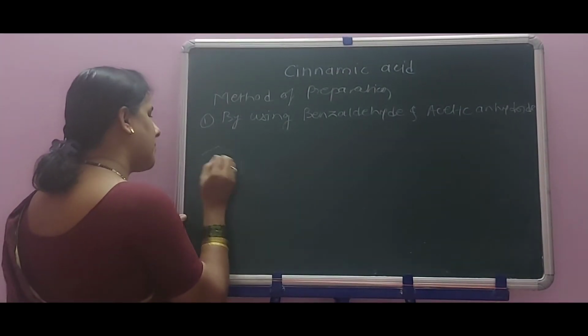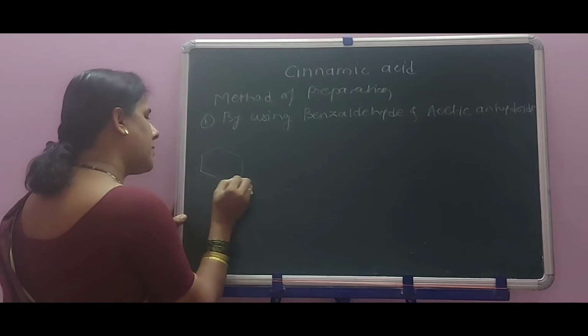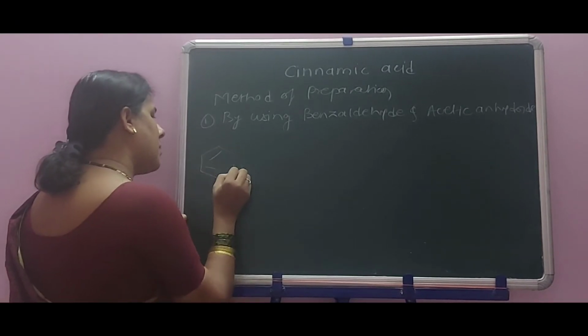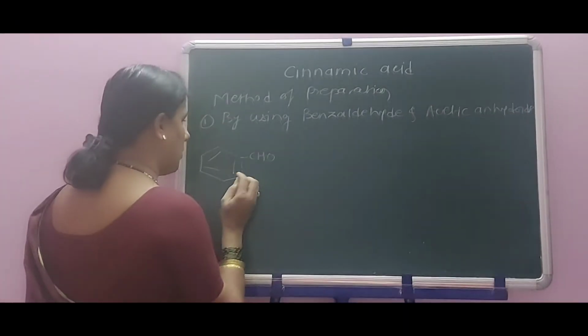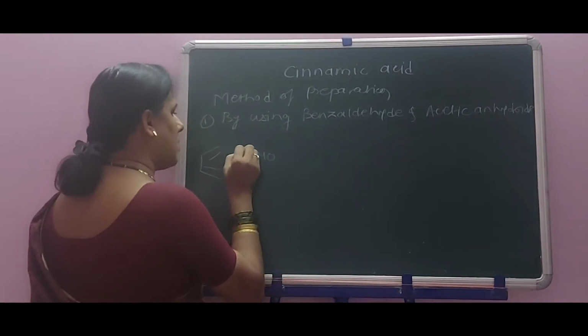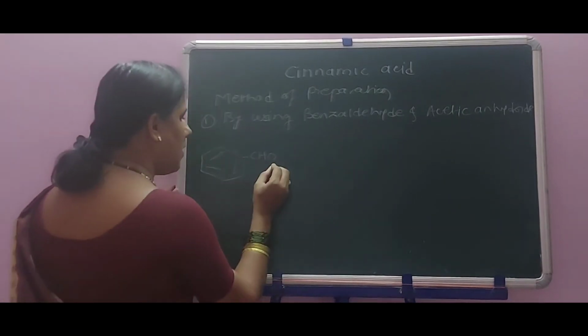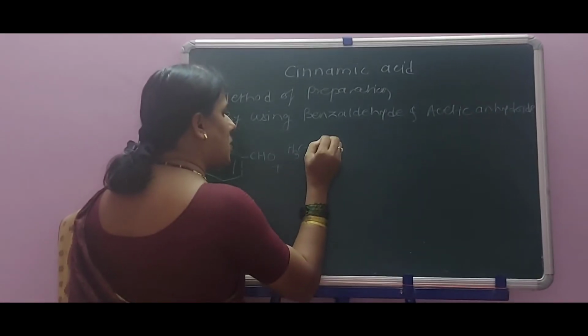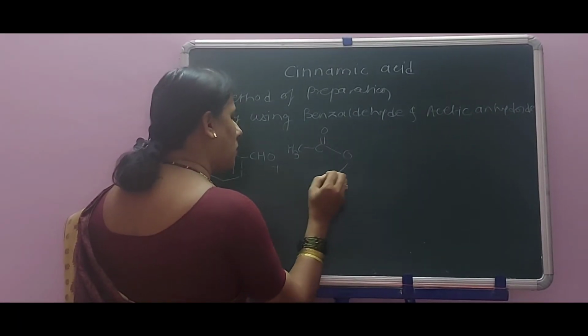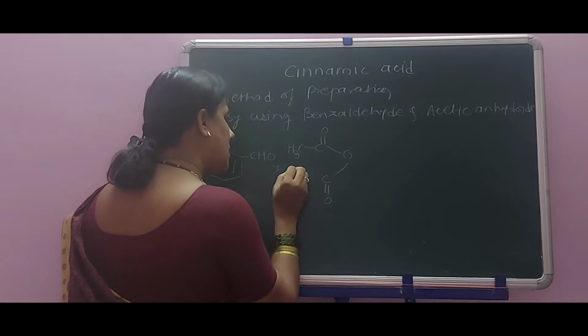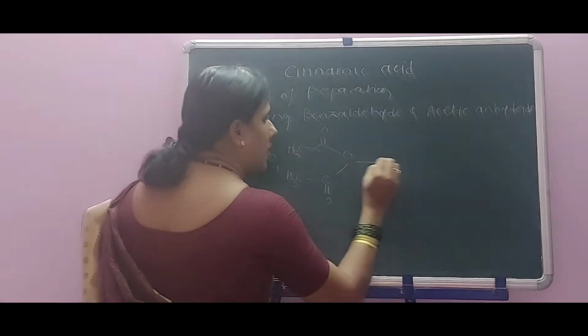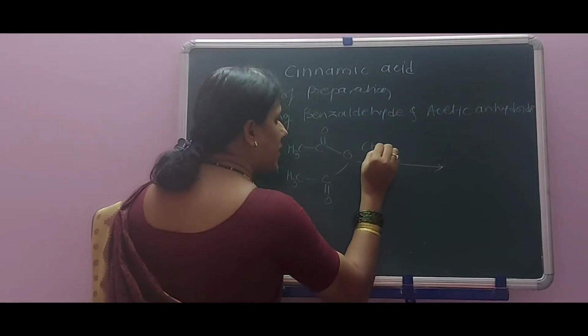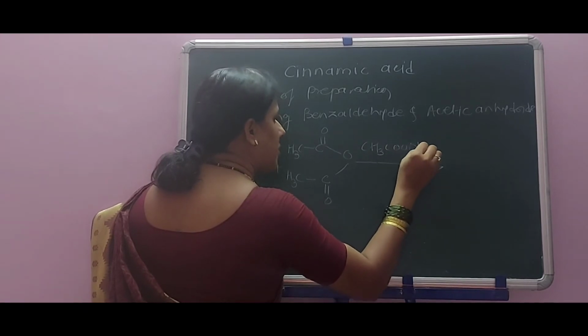Here the reaction is like this: benzaldehyde, C6H5CHO, this is our benzaldehyde, plus acetic anhydride, (CH3CO)2O, in the presence of sodium acetate.